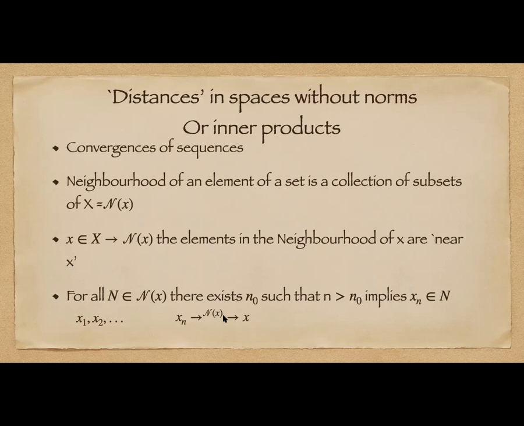This is a logical way of saying that all sequences converge to x via the collection of subsets N. If we can find such sequences, then this neighborhood set is called a neighborhood space.